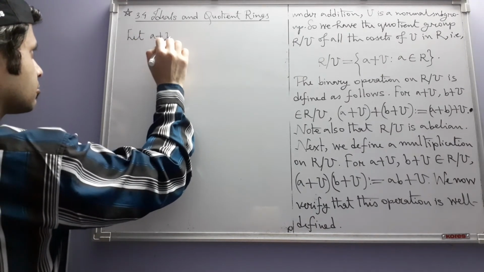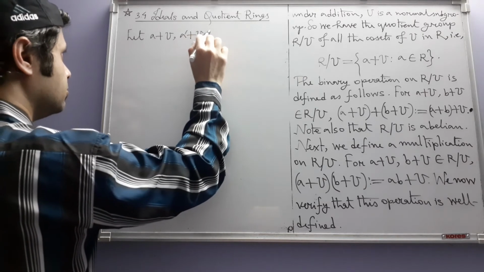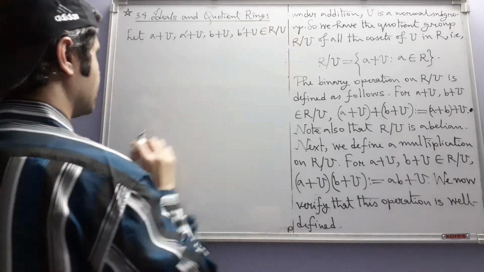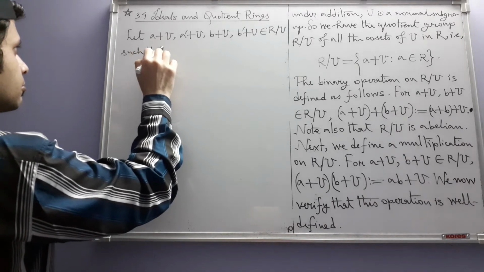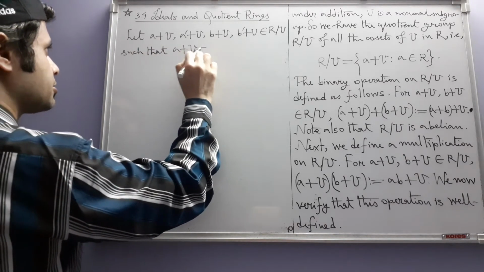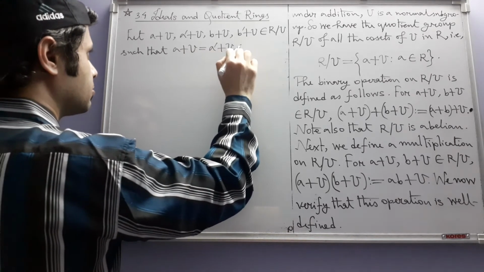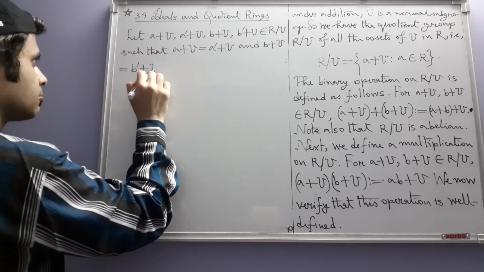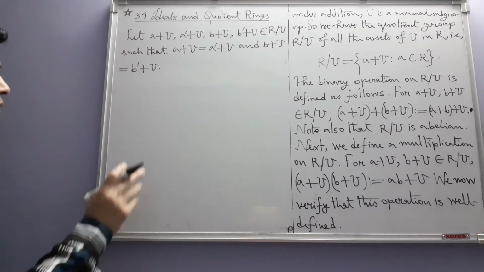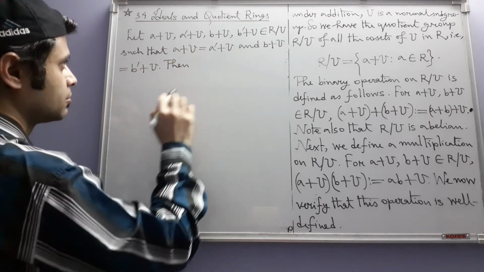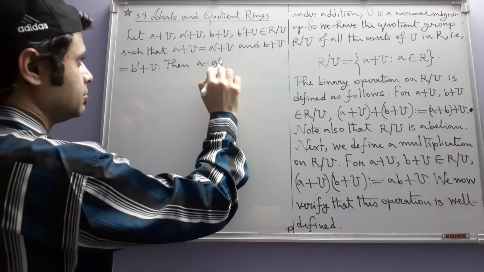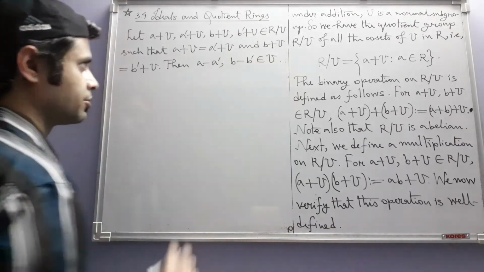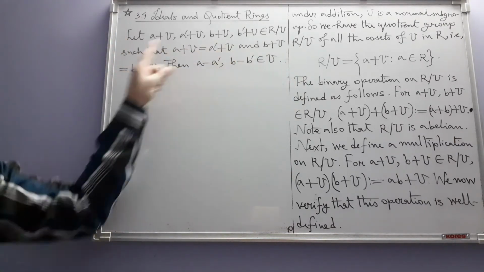Let A plus U, A prime plus U, B plus U and B prime plus U be in R by U such that A plus U is equal to A prime plus U and B plus U is equal to B prime plus U. Then A minus A prime and B minus B prime, both of them must belong to U. Then only these cosets will be equal.